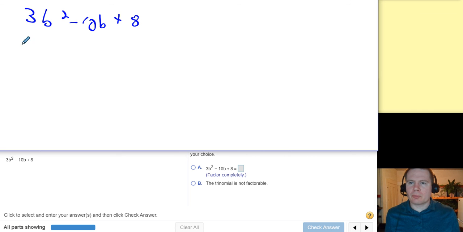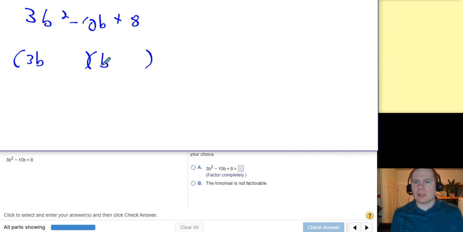So 3 is a prime number. So I know that's going to be 3b and b. There's no other way to get a 3 other than 3 times 1. And 8 could be 1 and 8, or 2 and 4, or other way around. So let's just try 4 and 2 here.